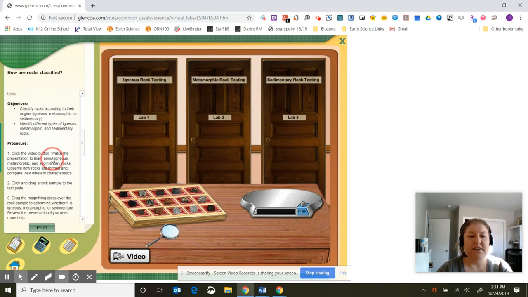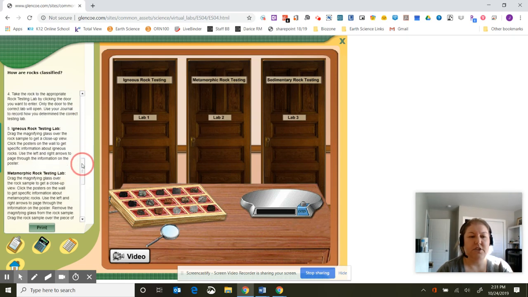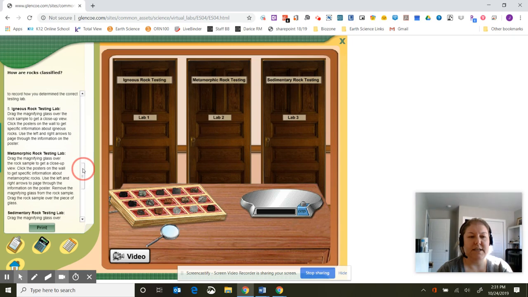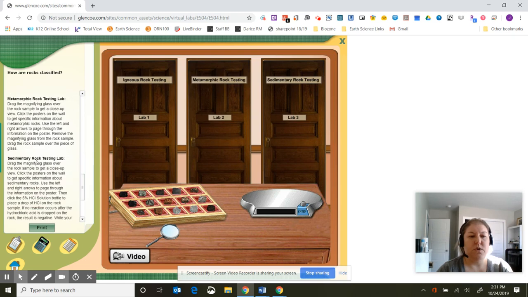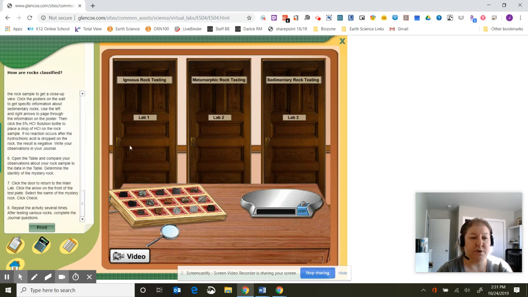Okay. It also has the procedure right there, so you have it all in the same spot. And then it's going to tell you how you're going to test igneous rocks or metamorphic rocks or sedimentary rocks when you go into the next room.